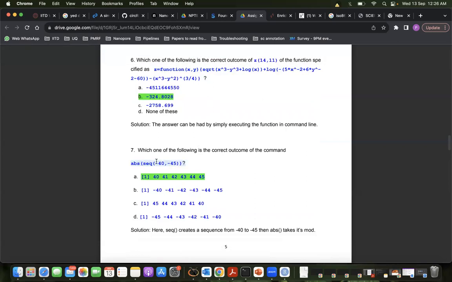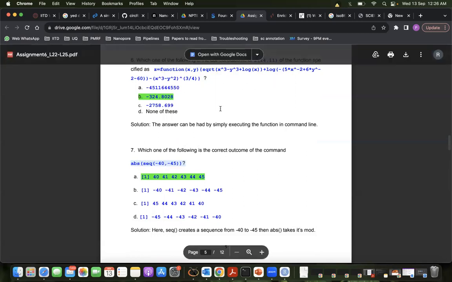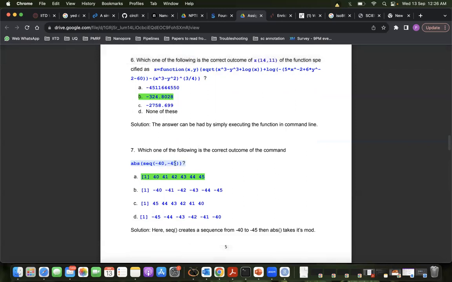We have seen sequence in this week also. So basically, if nothing is specified, it's from and to with the appropriate increment of +1 or -1. So sequence -40 to -45, it's going to be -40, -41, -42, -43, -44, -45.